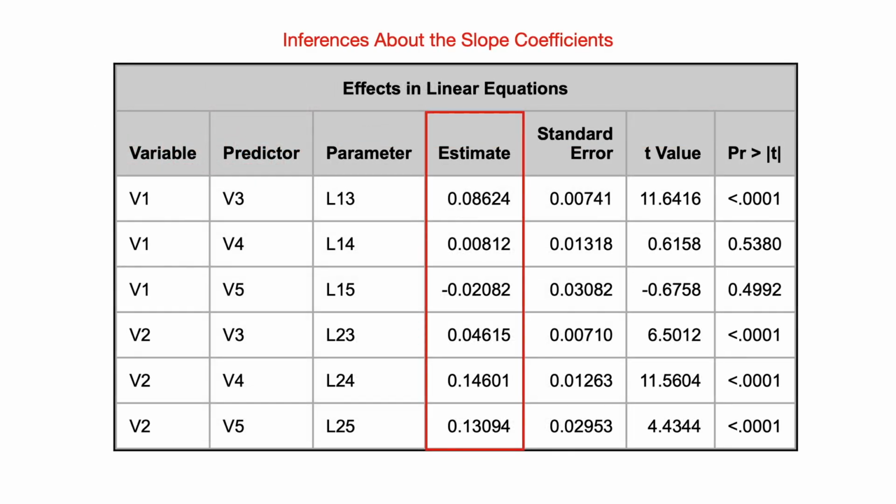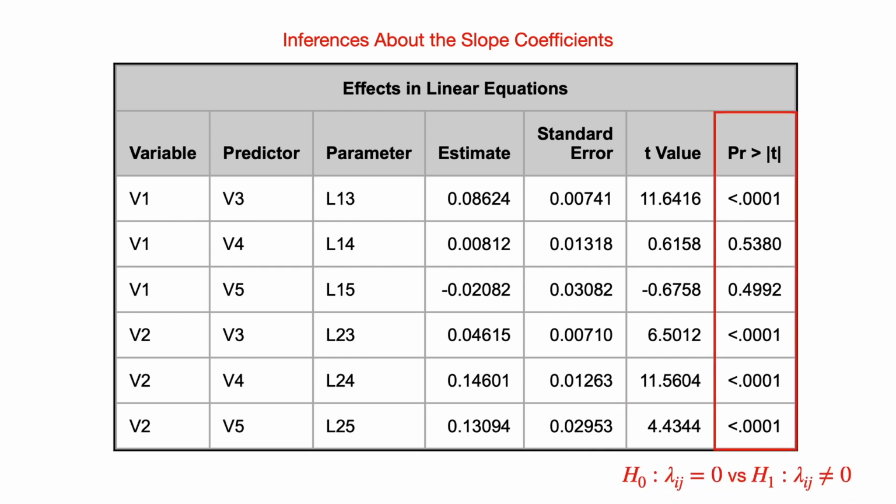Next, we have the table for making inferences about the slope coefficients in the model. We have a column of point estimates for the slope coefficients. Next to that, we have the estimated standard errors of those point estimates. Next to that, we have the t-value corresponding to each of those parameter estimates, and the t-value is equal to the point estimate divided by the standard error.